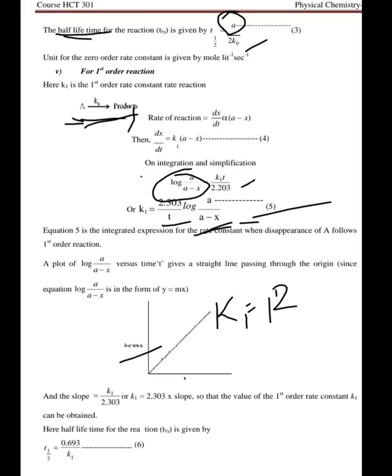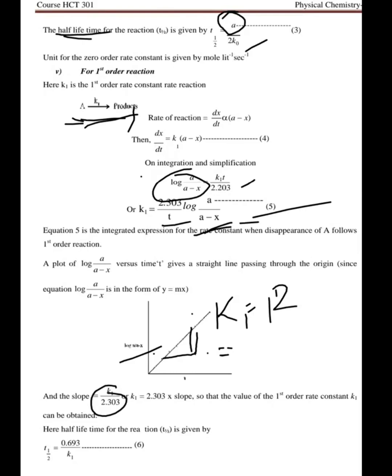The rate constant K1 is 2.303 into slope. How are we going to calculate the slope value? If you take A, B and C, AB by BC, you will get the slope value. Slope value into 2.303 is the K1. This is what is given here.